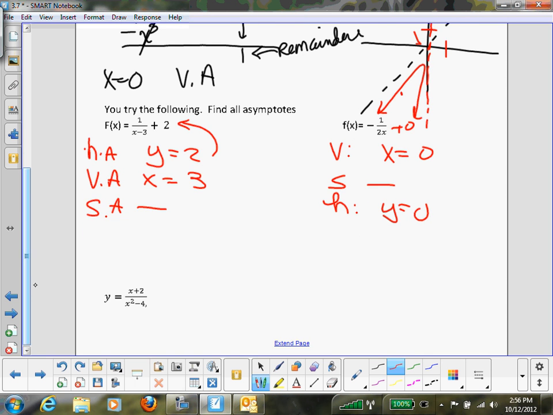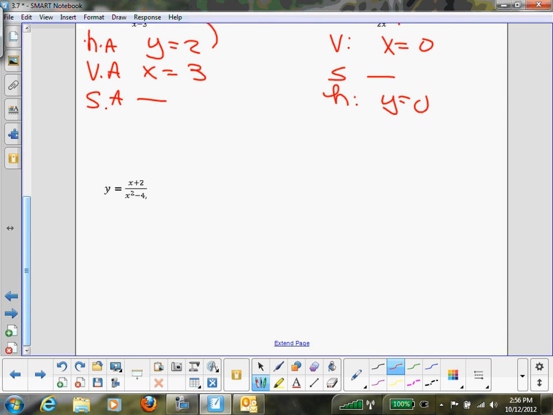All right, let's look at this one. This one's tricky. But not the top. No slant. Because the top has to be 1 greater than the bottom, not the bottom being 1 greater than the top. Okay, there's something funny that's going to happen in this case.